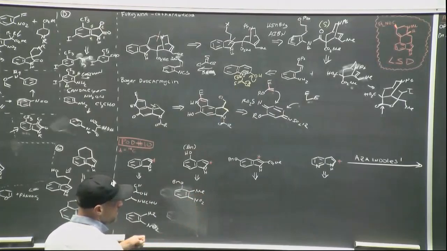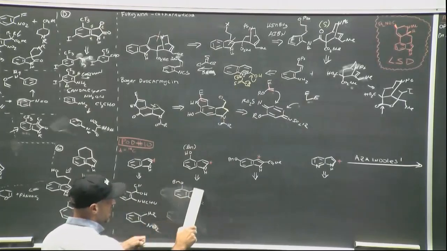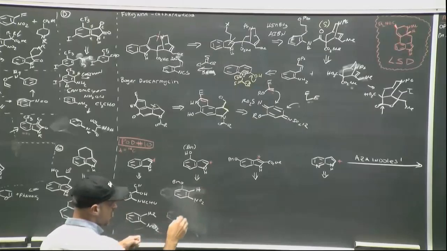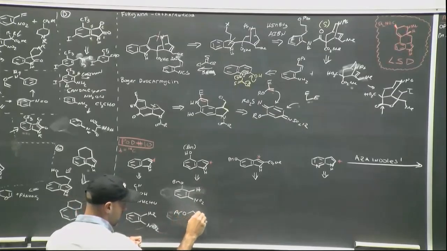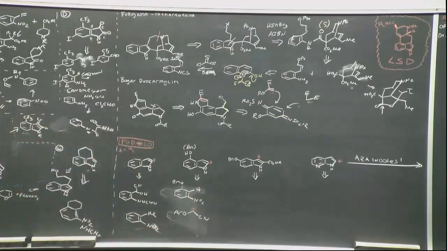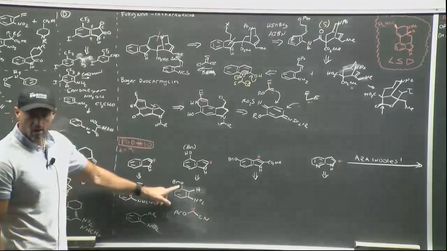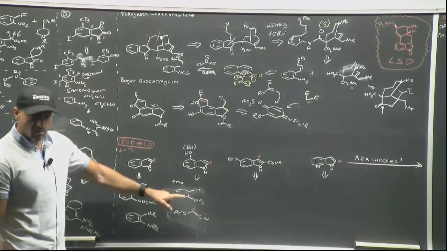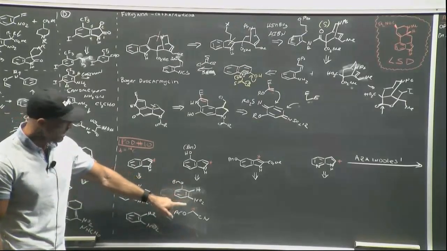Certainly possible. Let me just show you what they actually did. Very clever. They went from here using a vicarious nucleophilic substitution. So as it turns out, for reasons that are more empirical than understandable, when you have a nitro group with a meta OR, or OPG, the vicarious nucleophilic substitution prefers to go in the middle rather than going here.